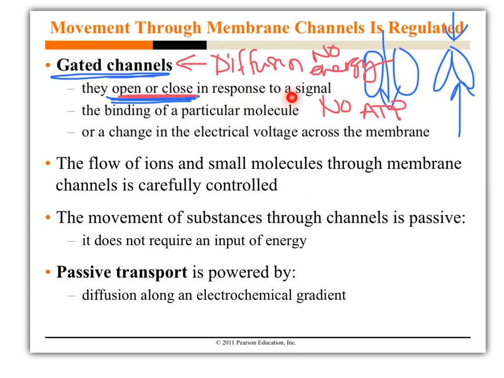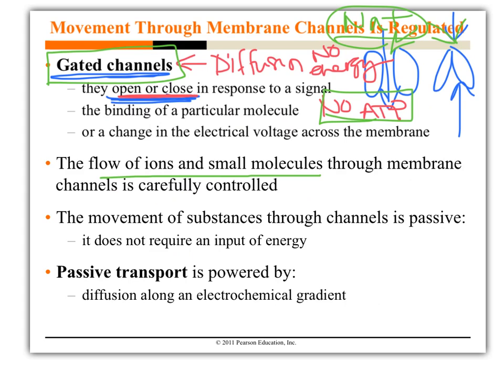If you bind something that's positively charged or negatively charged to a protein, that's going to change the interactions between the R groups of all the amino acids in that protein. It can change the conformation without using any energy. And so that's what happens. Gated channels just change their conformation based on interactions with their ions. And that allows for this flow of them by diffusion, but controlled.